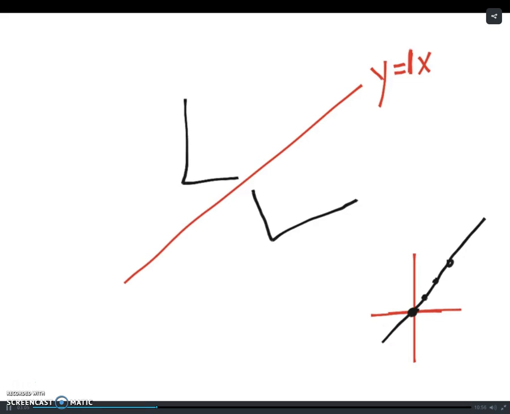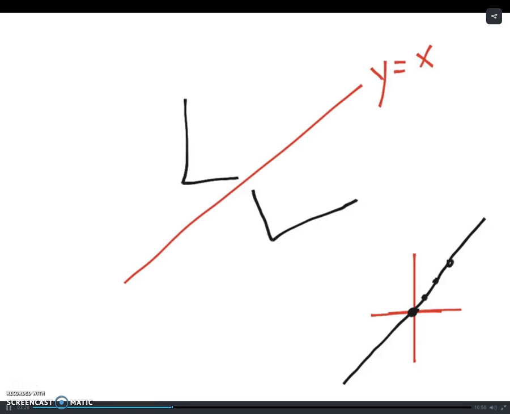So it's going to be this perfect diagonal line that goes exactly halfway between the x and y axis. And so this is the line y equals x. And again, they won't normally put that 1 in front of the x. You just need to know that if you were trying to figure out the slope of this line, that would be 1.